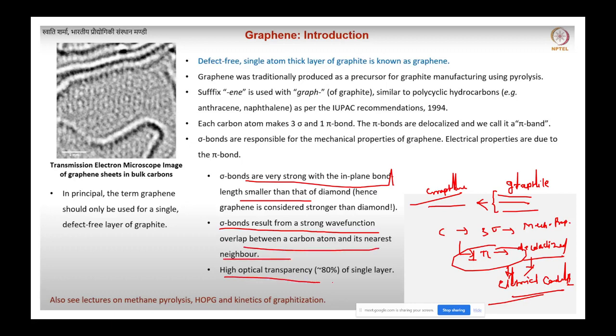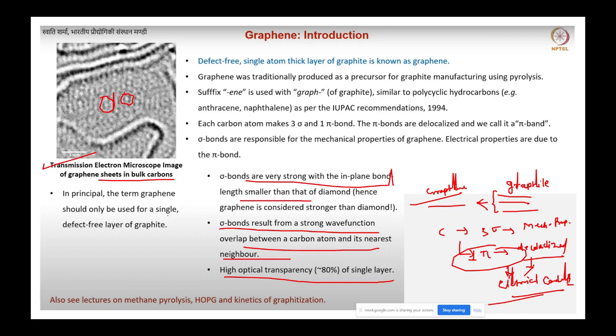It has a high optical transparency as a single layer. Here you can see the TEM image of graphene sheets in bulk carbons. This is a TEM image showing how the atoms are in a single layer. You can see all the atoms in some hexagon kind of shape.